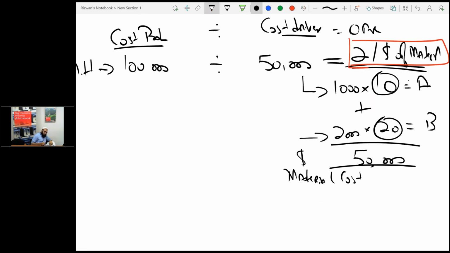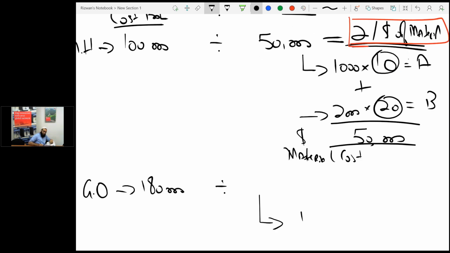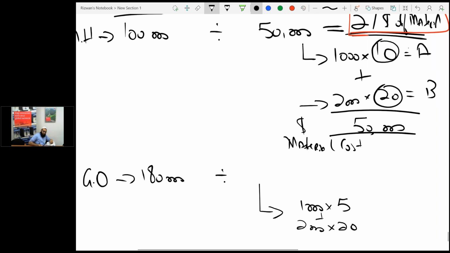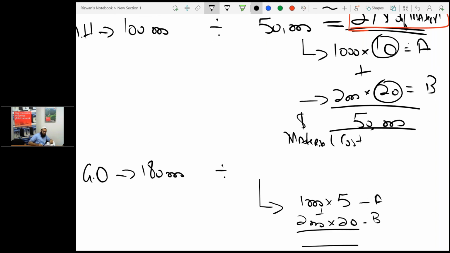Same you will do for general overheads. The amount of general overheads is 180,000. You need to divide it by the labor hours, but as you are not given the labor hours, you will do it with labor cost per unit in the same way as you did right now. So calculate the OAR. 1,000 multiplied by per unit cost of labor 5, plus 2,000 multiplied by per unit cost of labor 20, for A and B. So the figure will be 45,000.